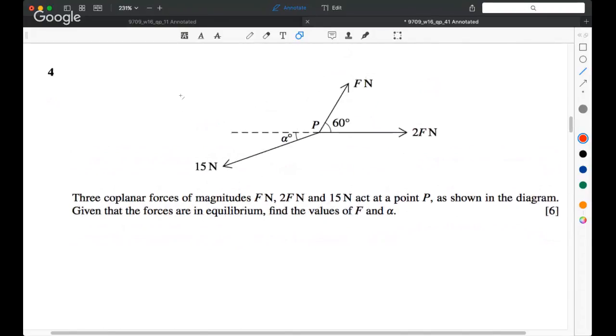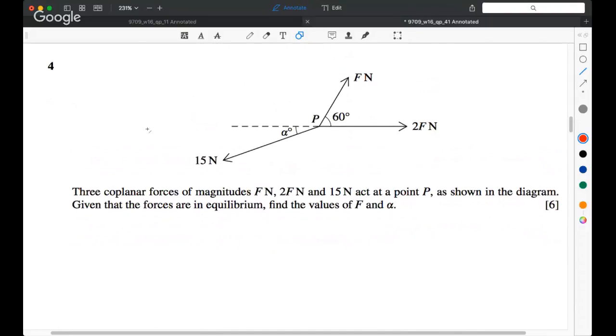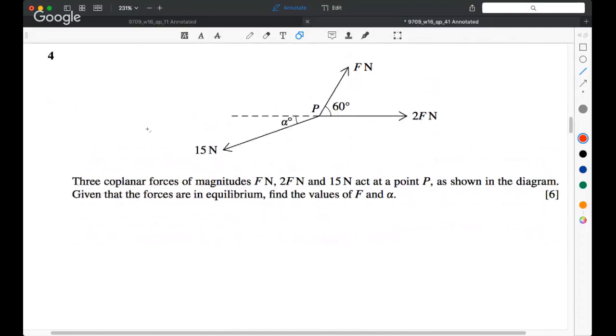Question 4. 3 coplanar forces. This is basically telling you, when you have a diagram like this, to resolve forces.